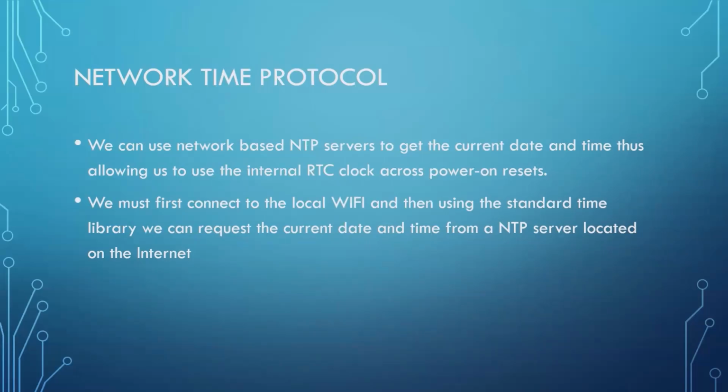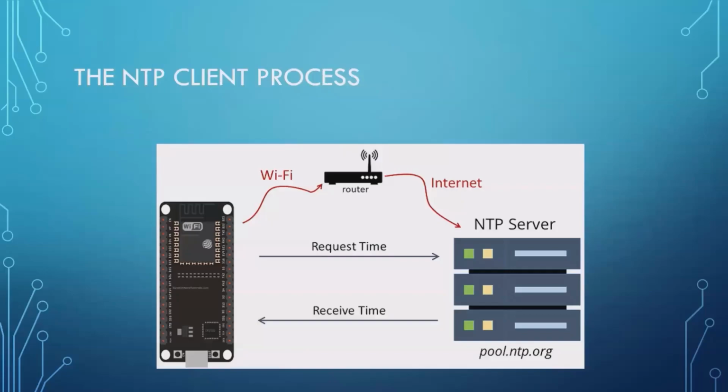This is great because it's very simple to do, and you'll see two examples where we're using the internal time library, and then we'll also look at one where we're using an NTP client. But basically your ESP32 has to be connected over Wi-Fi to the router and have access to the internet.